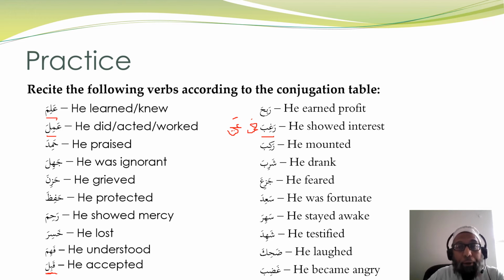So I want my students to practice the conjugation table with each of these verbs. And then I want you to find other verbs. These are not all the verbs. These are just some examples. I want you to find other verbs on the pattern of fa'ila and then do the verb conjugation table with those verbs.